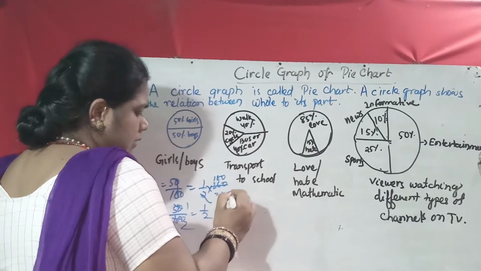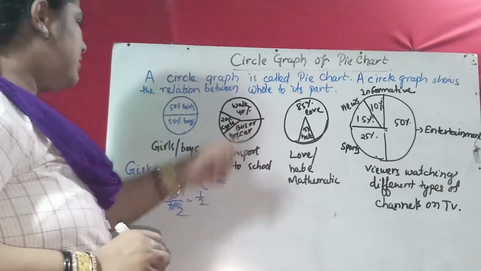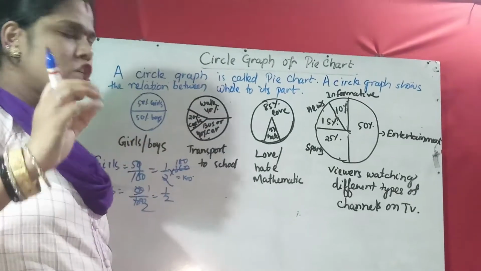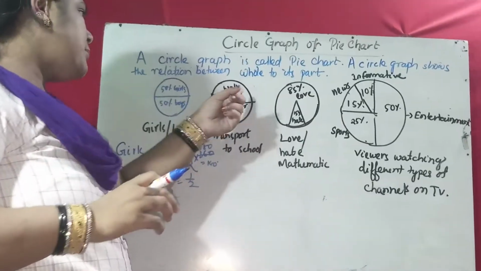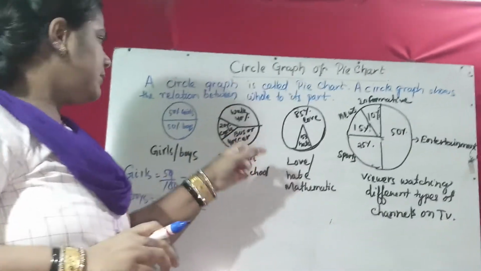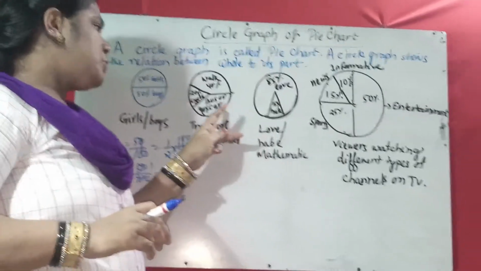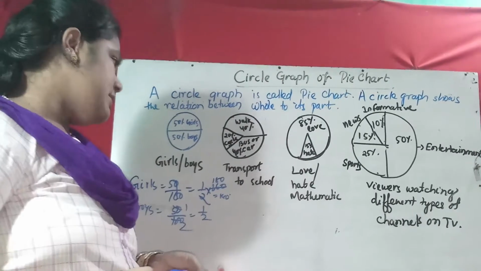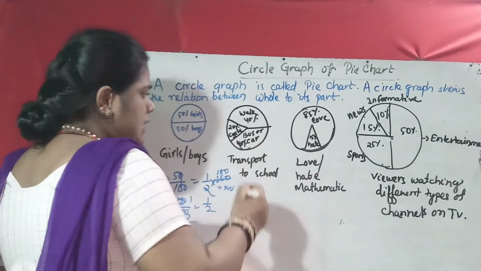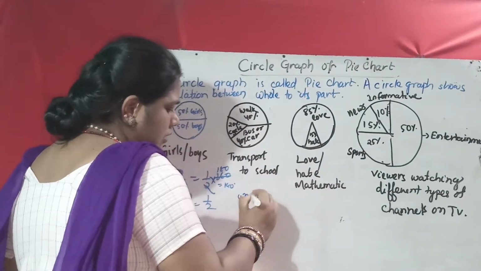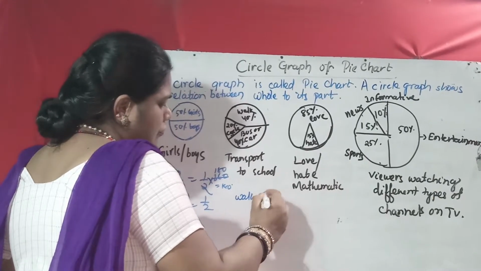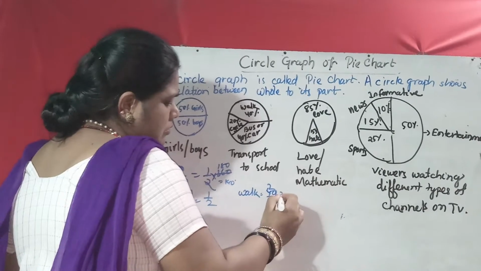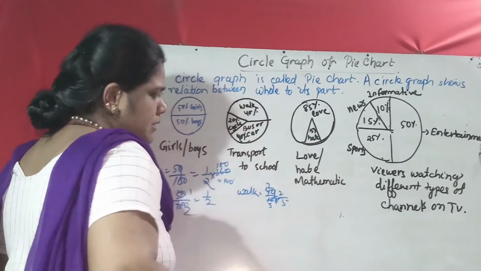That is 180 degrees. Again, this one gives the transport to school. Transport means how the students come to school. From your class, 40% come to school by walking, 40% come by bus or car, 20% come by cycle. Same thing, if you find the proportion, walk means 40 by 100, that is 2 by 5.